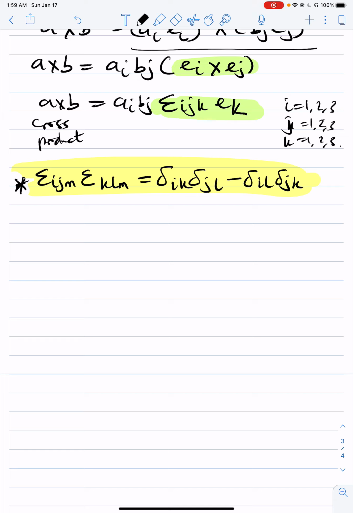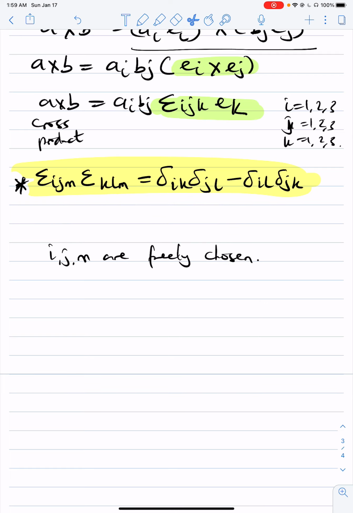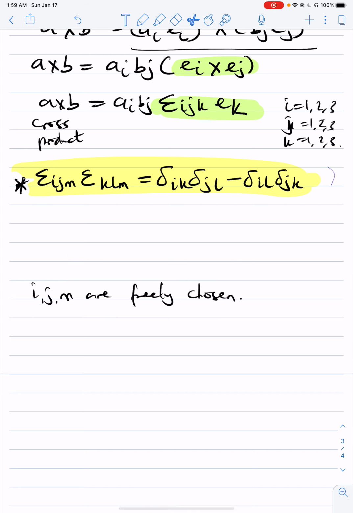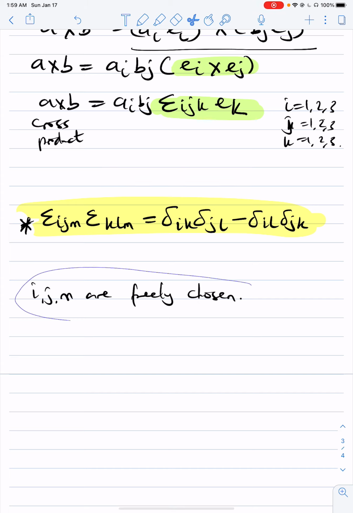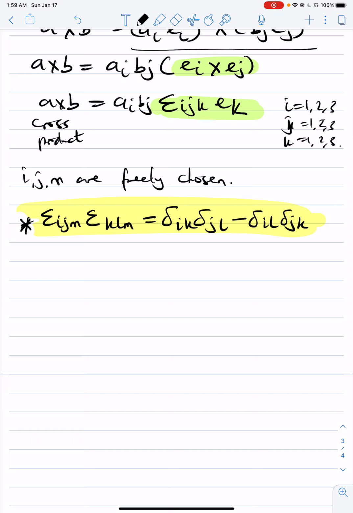Now, one way I easily memorize this is this. First of all, don't forget that these terms i, j, m are not arbitrary. You have the free will to choose what you want, so they're freely chosen by you, but the way it is written is very important.